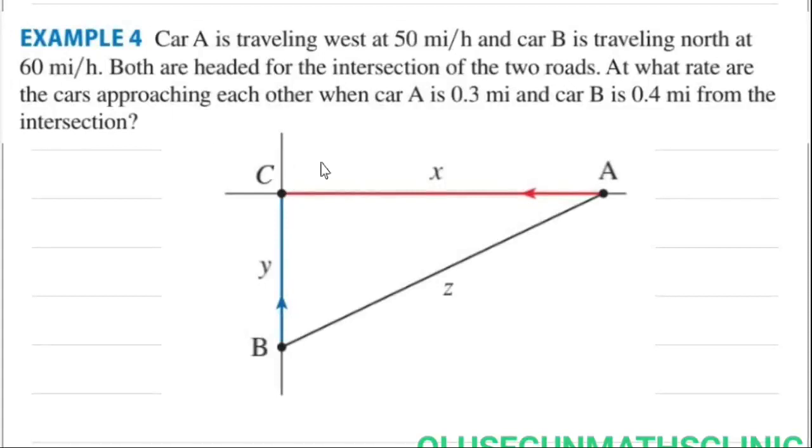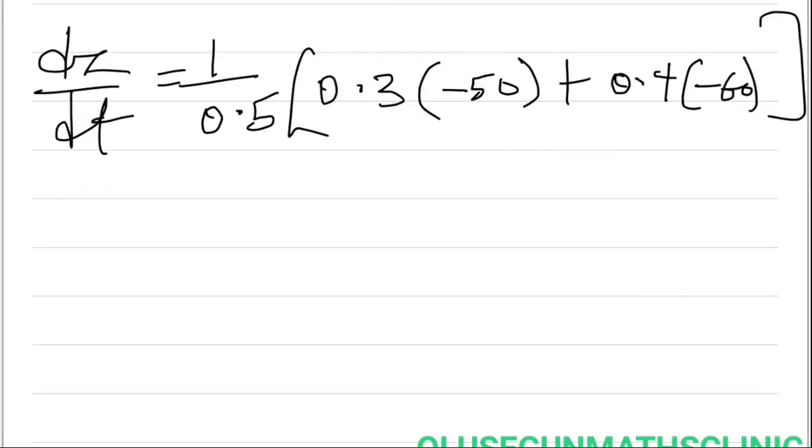The reason I'm putting minus 50 and minus 60 is because car A is traveling west at 50 miles per hour, and both are headed for the intersection. So they must apply brake, they must not speed. So their movement is decelerating, not accelerating. Their speeds are reducing. They are decelerating their speed. So that is why we now have minus 50 and minus 60.